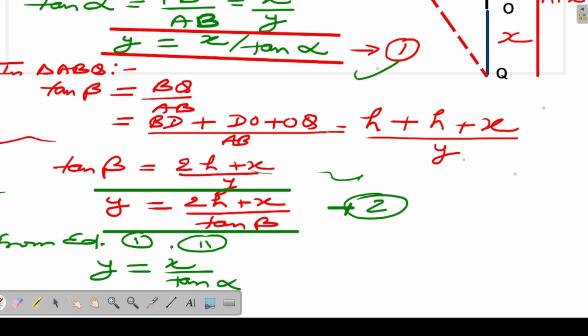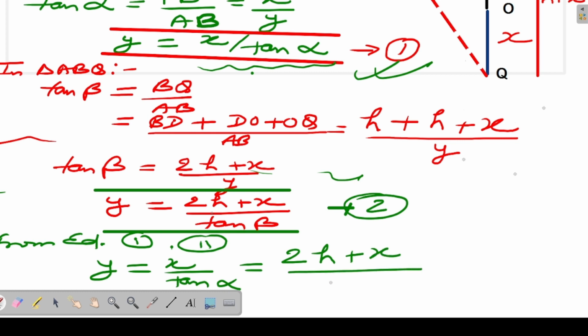You can see here, this one, y equals x by tan alpha. This will be equal to h plus x by tan beta, right?